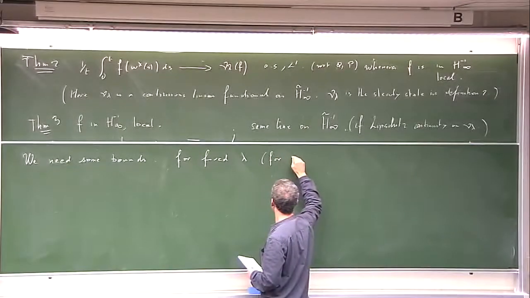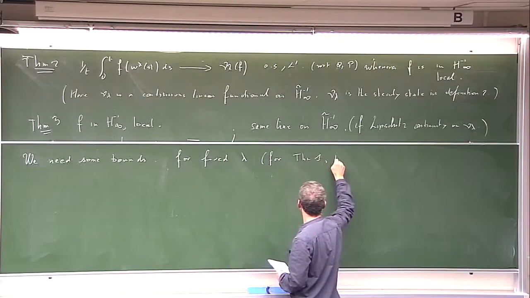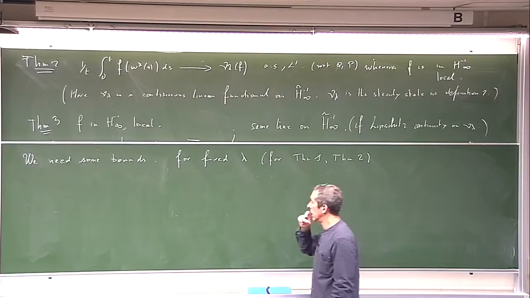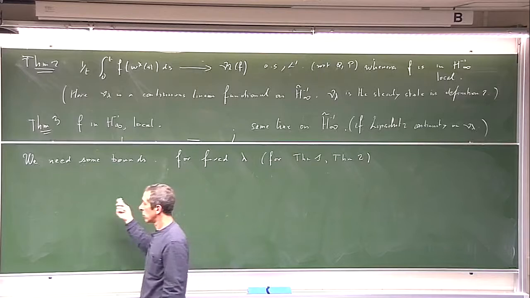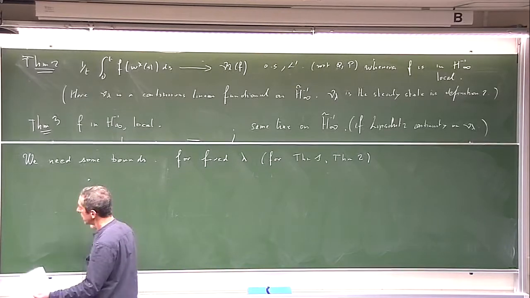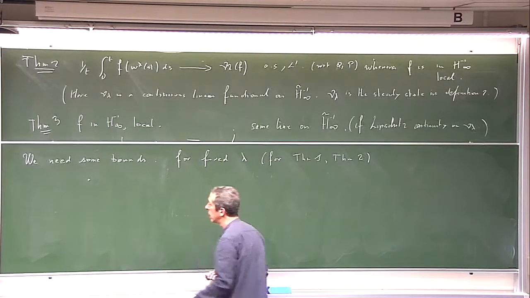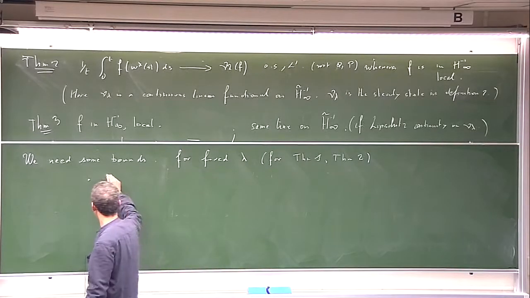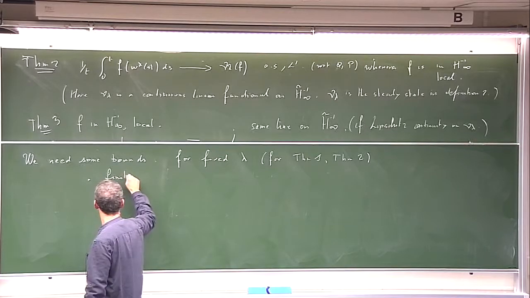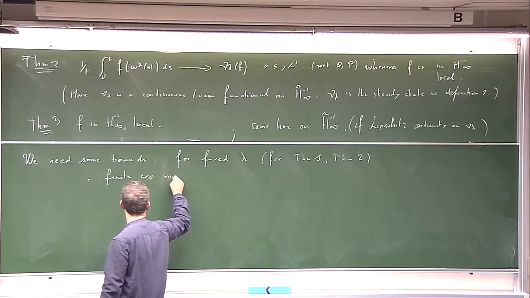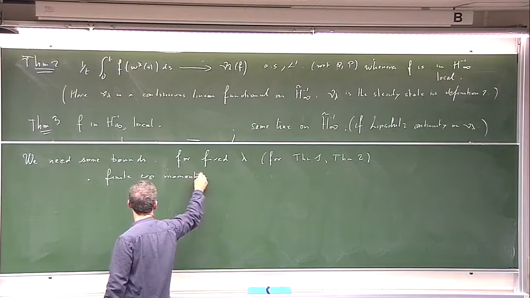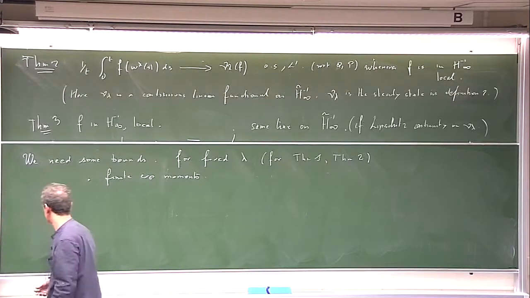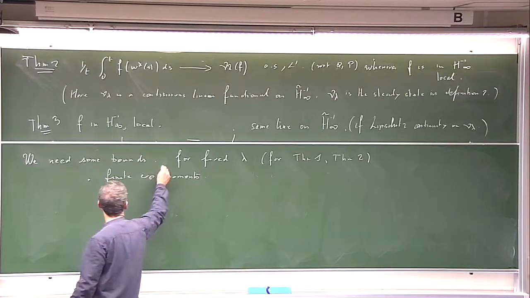This is for theorem 1 and theorem 2. The bounds that we get is, you fix lambda, you fix f also in the second case, and then we have finite exponential moments for a fixed lambda. So this will come with the construction. And that's one thing we need.